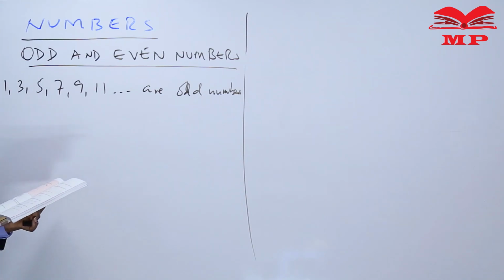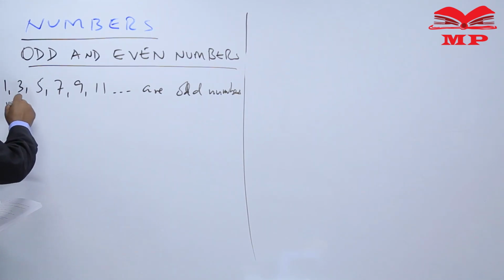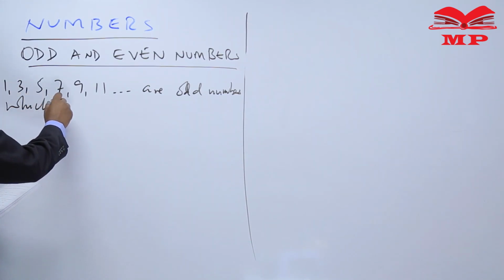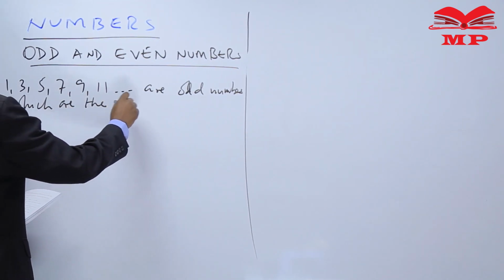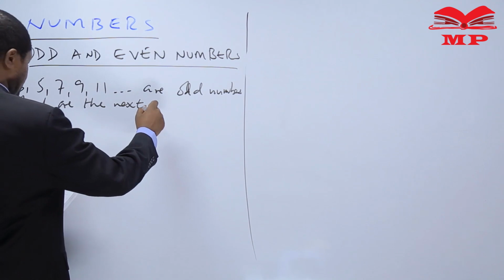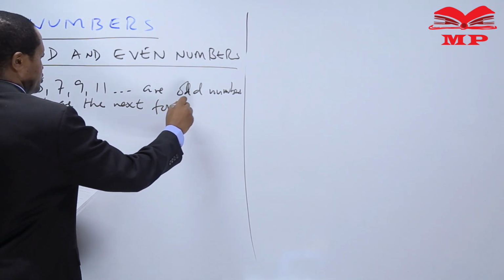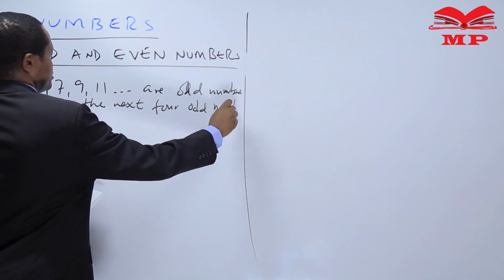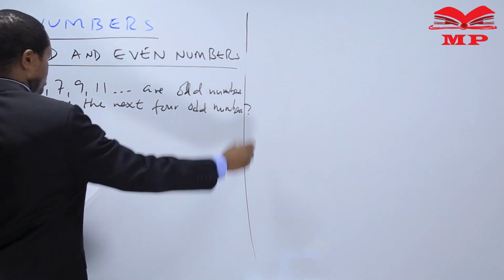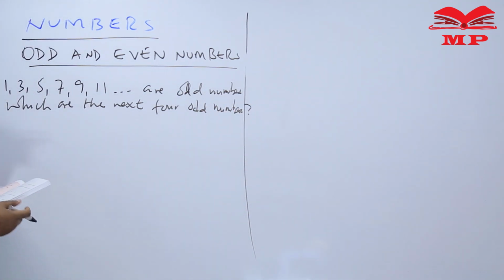Then the question is: which are the next 4 odd numbers?